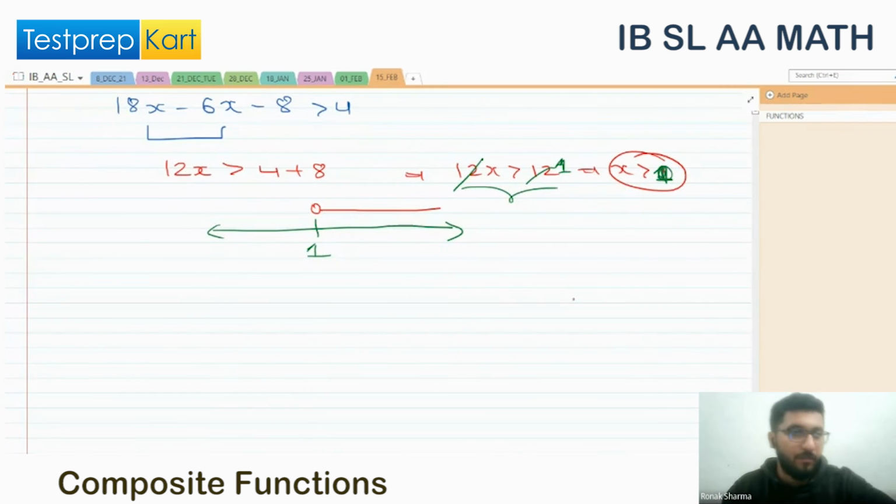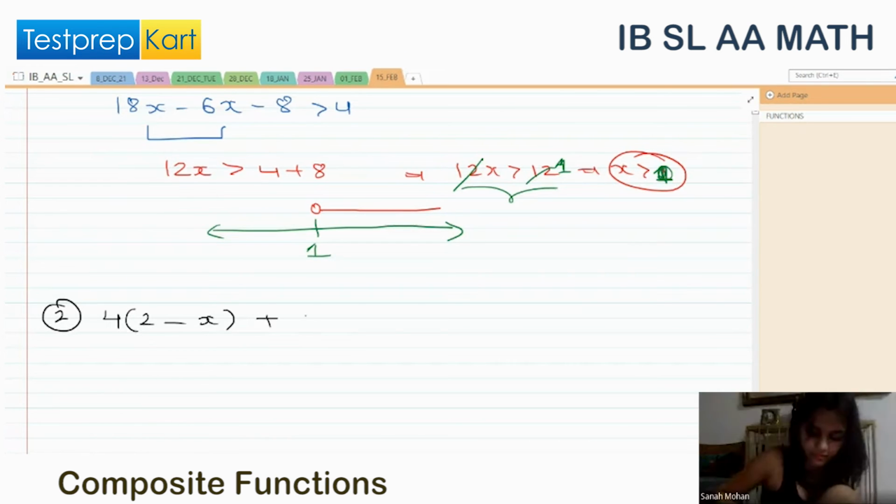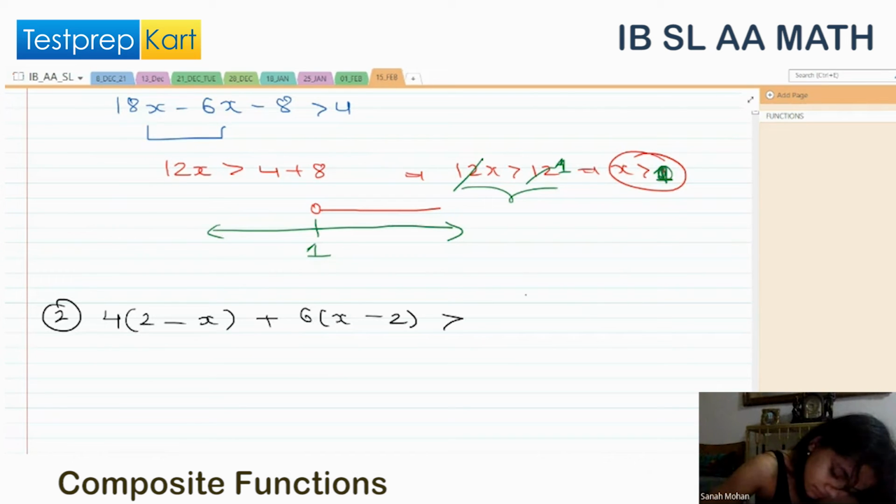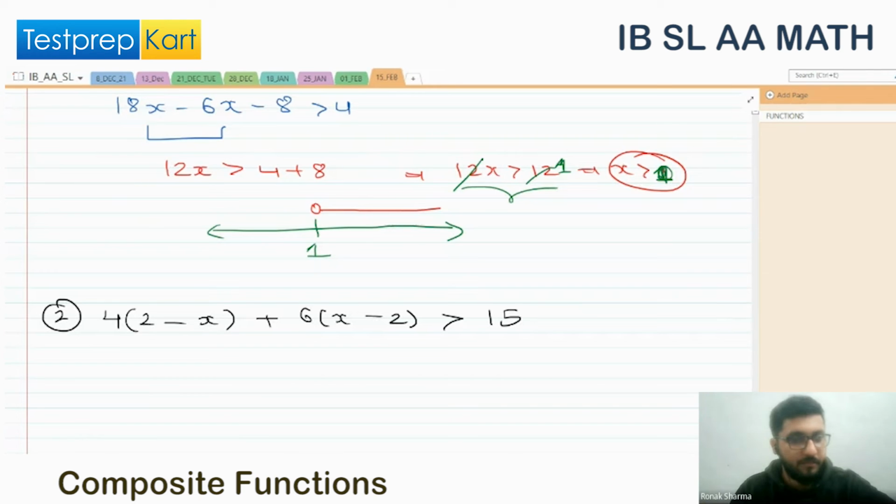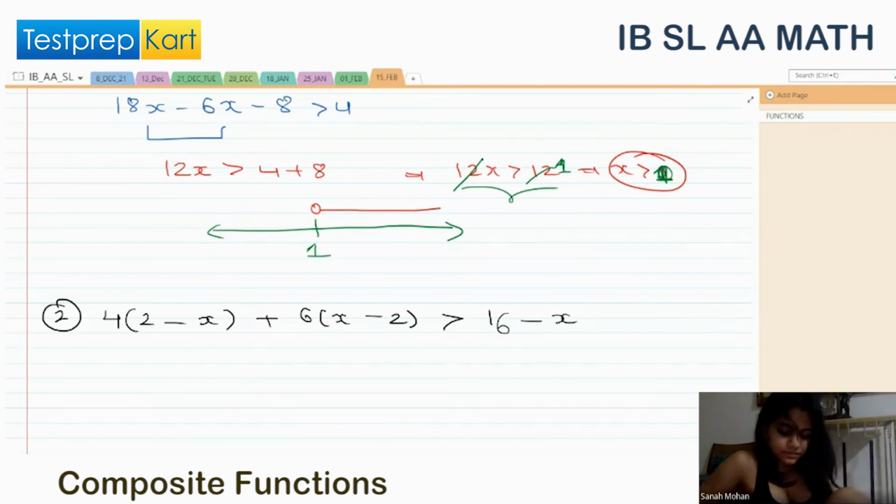Now I'll give you one more question. Please solve it. X is greater than 8. Let's see.